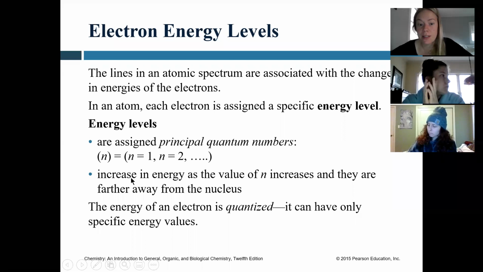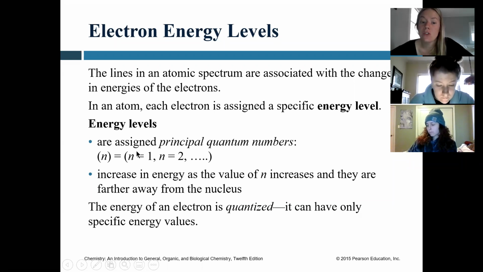We're going to keep it super simple. All you need to know is that energy level 1 is the lowest energy. You fill that one first. Energy 2 is next, and you fill that, and so on. So energy increases as the value of n increases. This is the closest onion layer to the nucleus, this is the next one. As you go to broader onion layers, you are increasing the amount of energy.